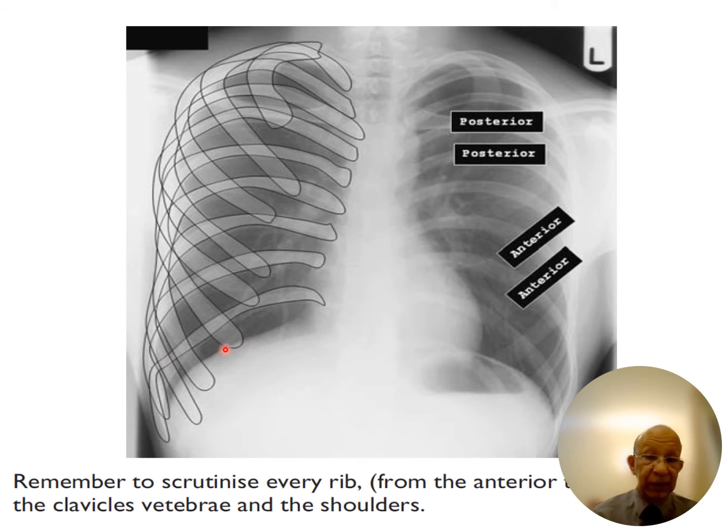If you can see them, then there's a good inspiratory effort. But be aware that sometimes you cannot see them, not because the patient did not take a good inspiratory effort, but simply because they have restrictive lung disease, like musculoskeletal disease or pulmonary fibrosis. And this is the gastric air bubble with the fluid level in the stomach. Be aware that if you see this behind the heart, then you have a hiatus hernia.